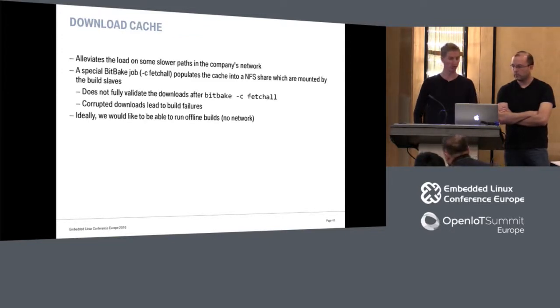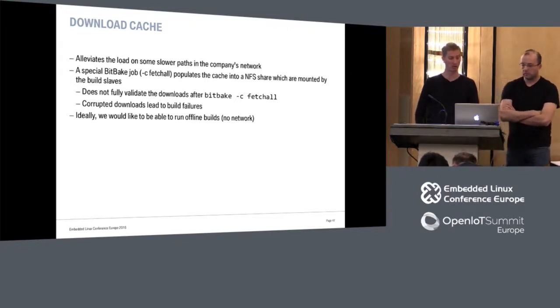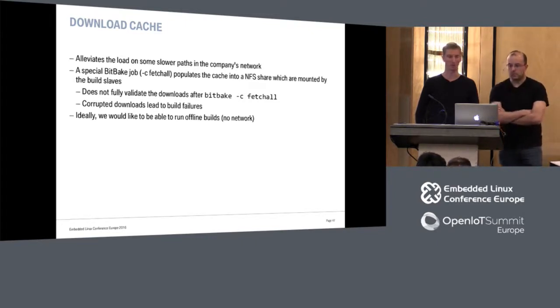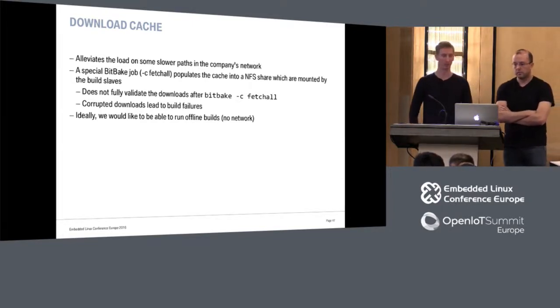We also have a download cache where we have a separate build job which runs a BitBake build with the task fetch all, and that populates a download cache for us, which is exported with NFS to all our build slaves. This does not fully validate that the downloads are okay after fetch all. A download might have failed and the system might not have noticed it, or it doesn't notice that something is actually wrong in the setup.